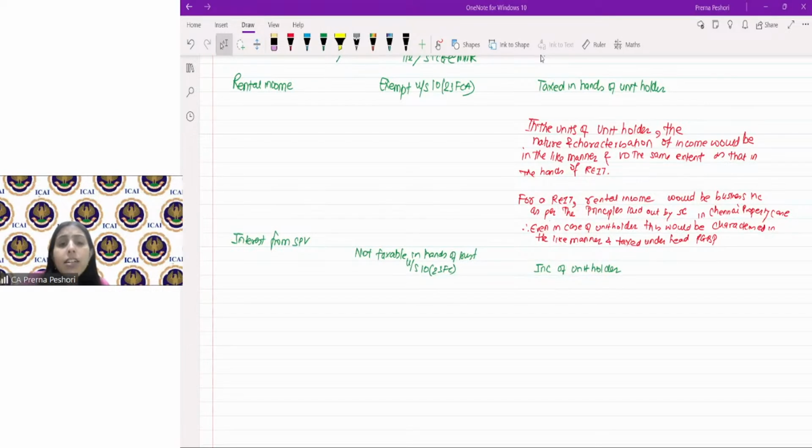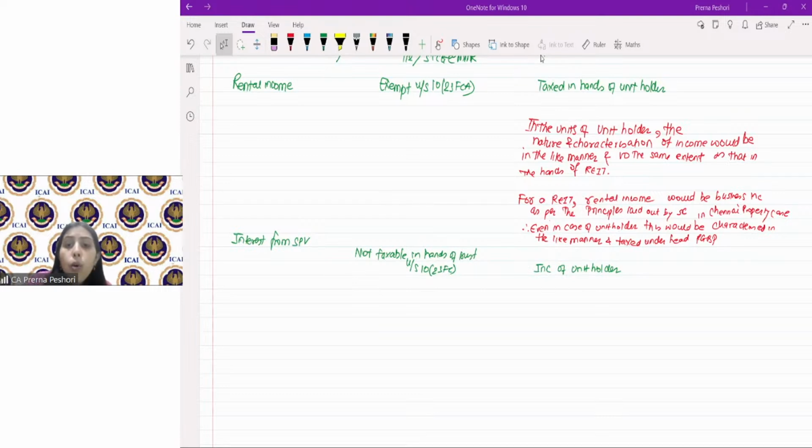So if you look at the REIT regulations, the REIT can invest in the commercial real estate assets either directly or through the special purpose vehicle. The REIT for that purpose can make the investment in the SPV, and the SPV will hold the real estate property.